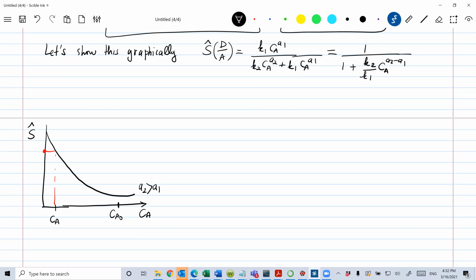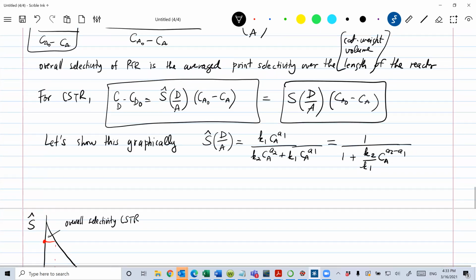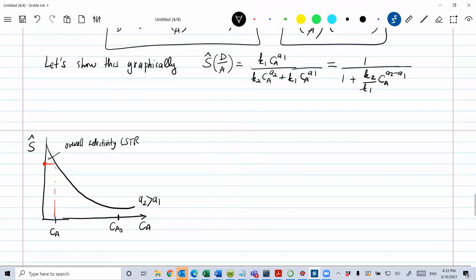This is the overall selectivity, CSTR. And then remember what we said, CD is selectivity times CA minus CA naught, so it's the rectangle.